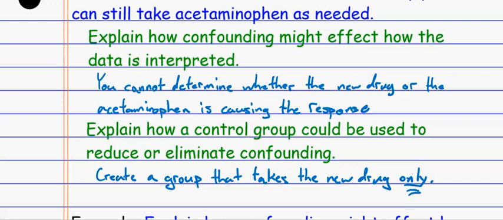And if they're only taking the new drug and they're still reporting reduced headaches, well, now we can kind of confirm that it's our drug that's causing that to happen. So our new drug is causing the effect and not necessarily the acetaminophen. See, we have to draw a distinction between these. We want to eliminate confounding in order to determine if our results are valid. Okay.